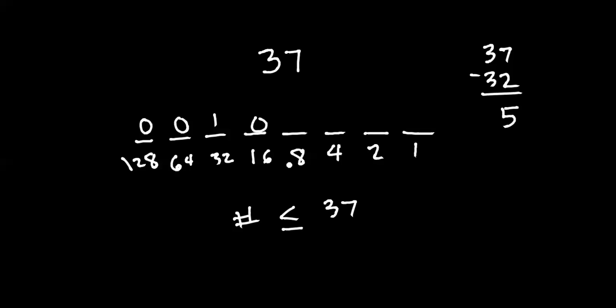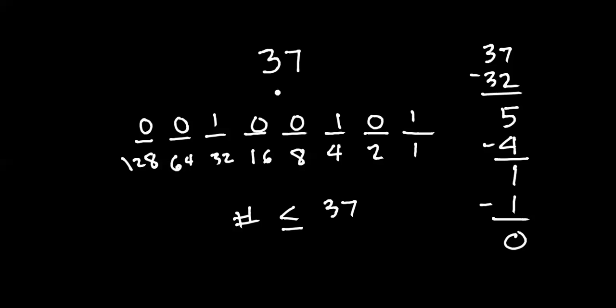16 is not less than or equal to 5. 8 is not less than or equal to. 4 is. Put my 1 over there. Turn that guy on. 2 is not less than or equal to 1. Put a 0 here. 1 is 1 minus 1. Nothing else to choose from.